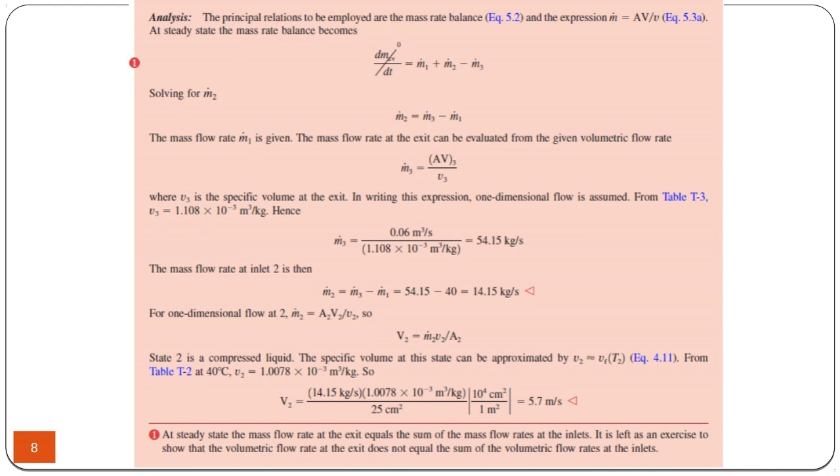Because the mass flow rate at the inlet can also be written as area 2 times velocity 2 divided by the specific volume at 2. Then velocity at the inlet 2 can be found from m dot 2 times v2 divided by area of the 2. It's a compressed liquid at 40 Celsius.